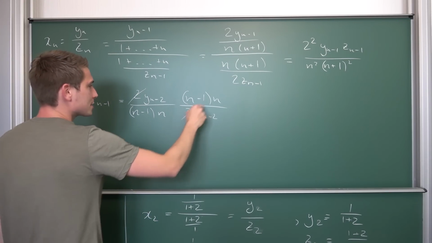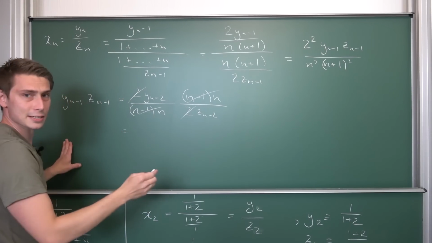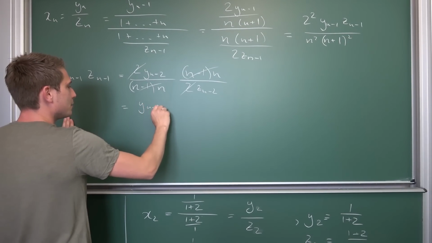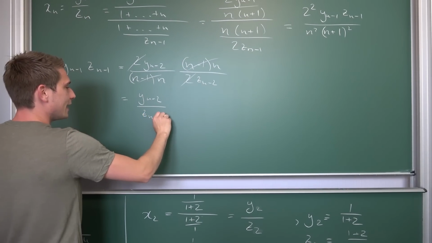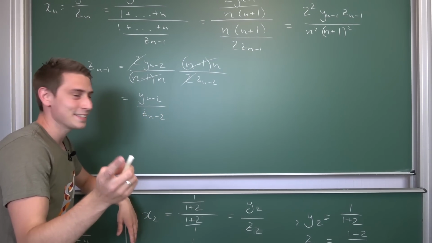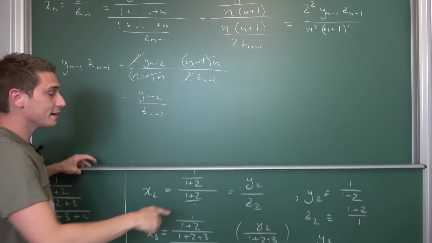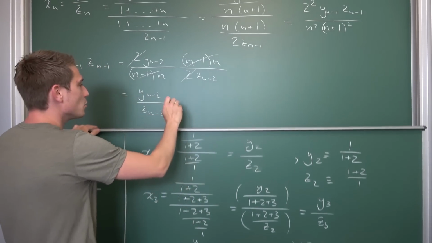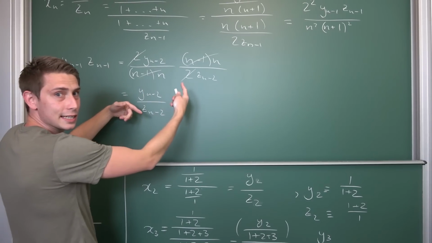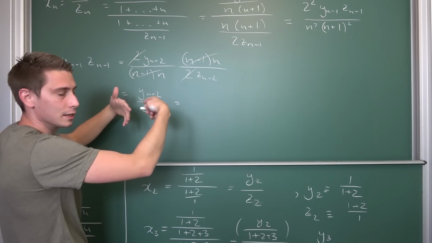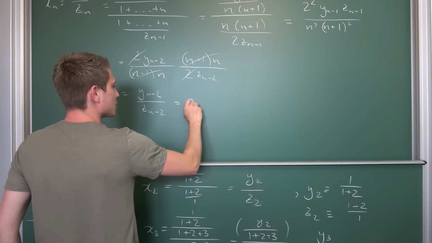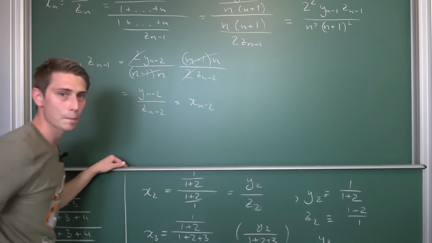This is going to cancel out, this is going to cancel out, this and this, leaving us overall with yn minus 2 over zn minus 2. This is crazy because y over z in some way as a discrete variable is going to leave us with x in this argument basically. So x n minus 2.